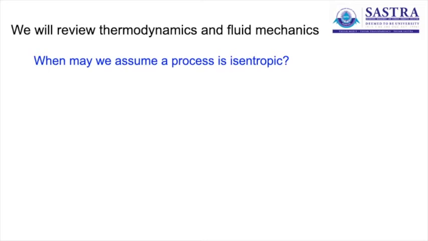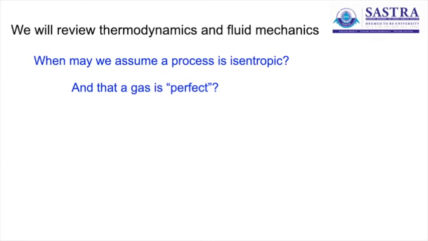We've also learned about an ideal gas law. In this course, we will not say ideal gas, we will say perfect gas. And we will take the more nuanced view of what we mean by that.